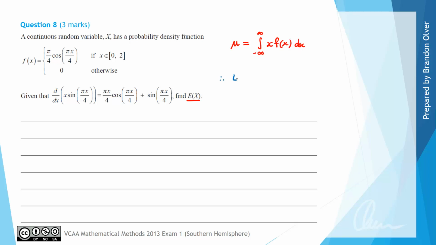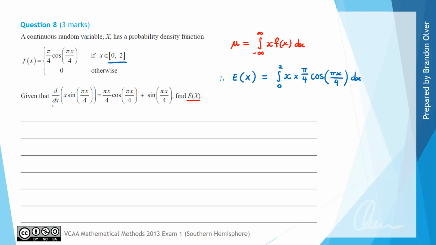So the expected value of x for this question can be found by evaluating the integral between 0 and 2, where the probability density function is above the x-axis and it's 0 everywhere else, of x times f of x. That's x times pi on 4 times cos of pi x over 4, with respect to x.